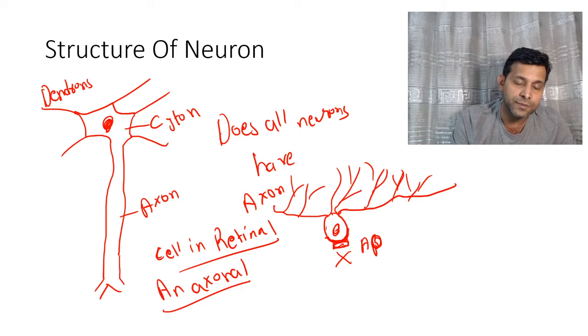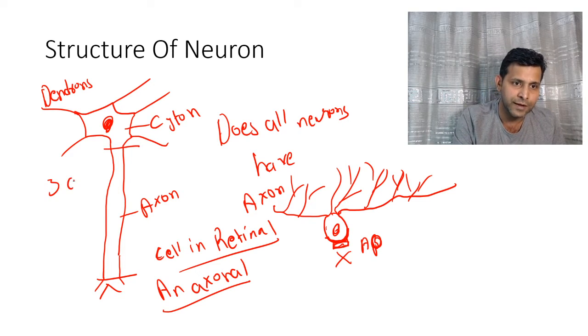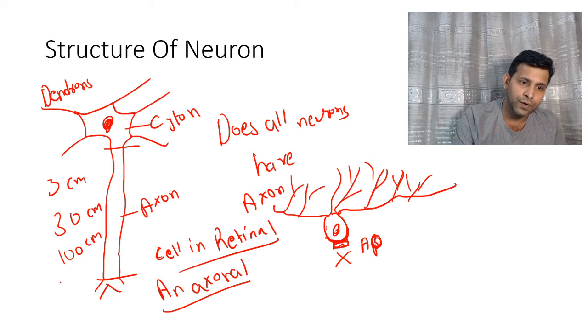What could be the maximum length of an axon among the given options? If I ask you, an axon can be of maximally what length? 3 centimeter, 30 centimeter, 100 centimeter, or 1000 centimeter.